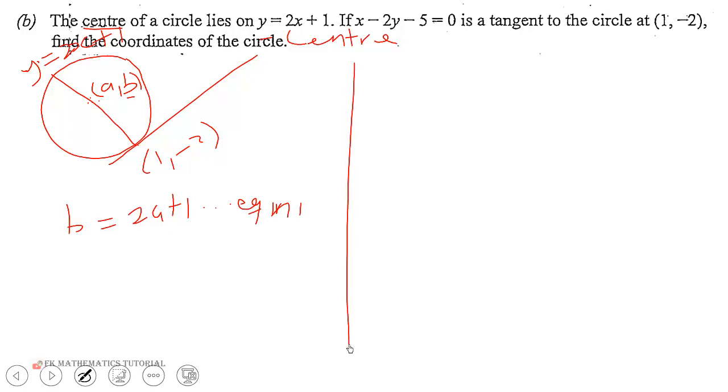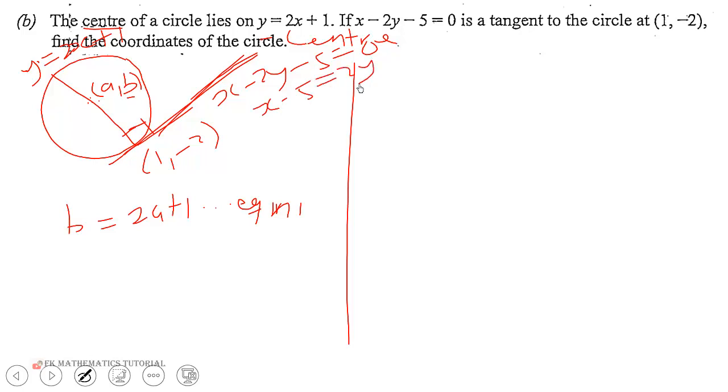Then we're also told that this is a tangent. So the tangent meets this at 90 degrees. So the gradient of this line, from the equation we have, the equation of this line is x minus 2y minus 5 equals 0. So making y the subject, we have x minus 5 is equal to 2y.